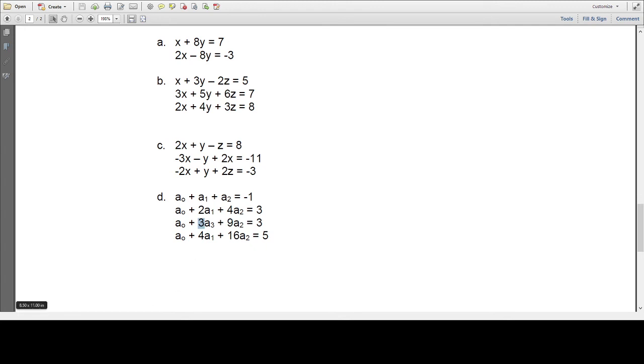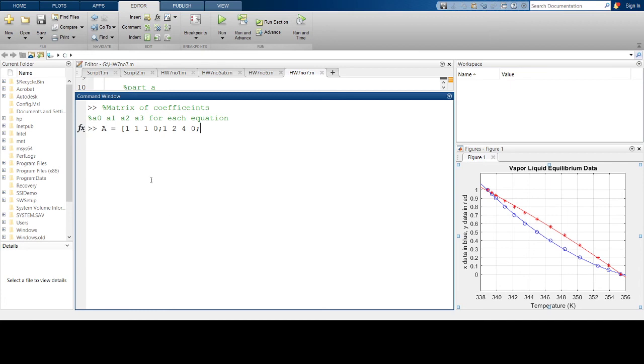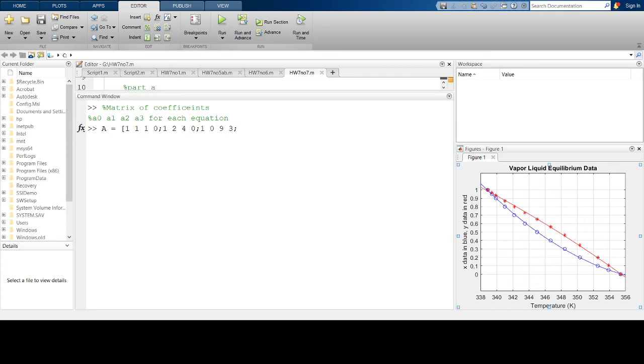So let's go to MATLAB and write this. It will be 1, 0, 9, 3 for the third equation. Semicolon. Let's have a look at the fourth equation in the homework prompt.